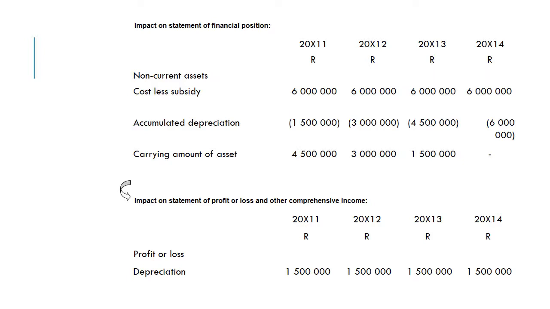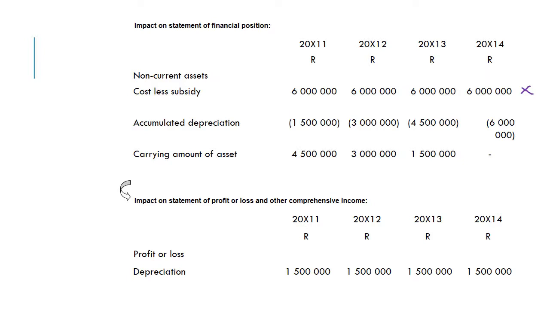So let's look at what is the impact on the statement of financial position and what is our impact on our statement of profit and loss and other comprehensive income. Very important, like we've said. We now have a 6 million cost of this asset instead of the 8.